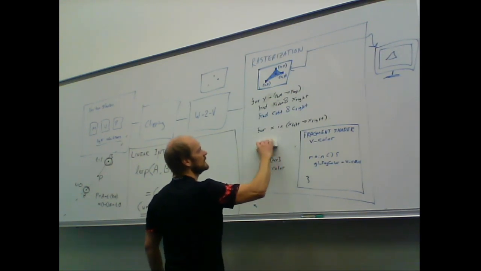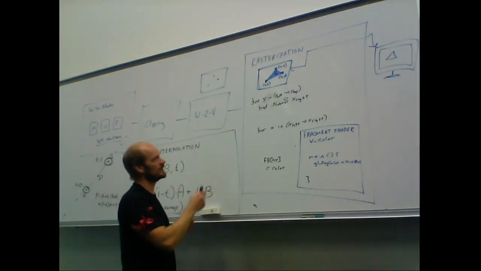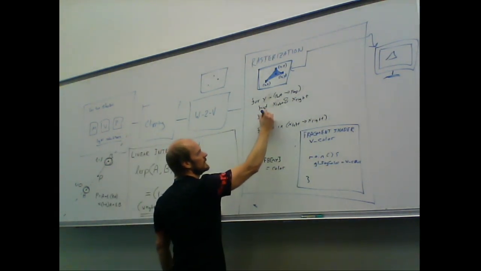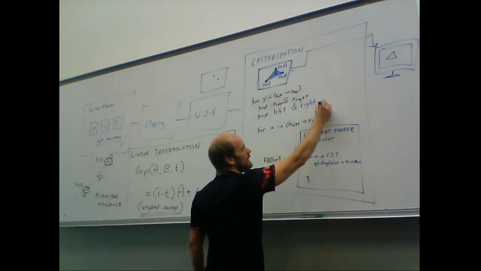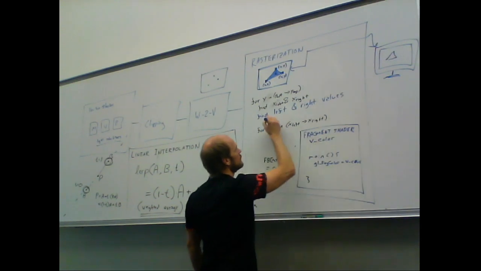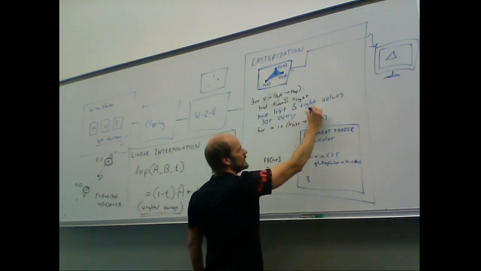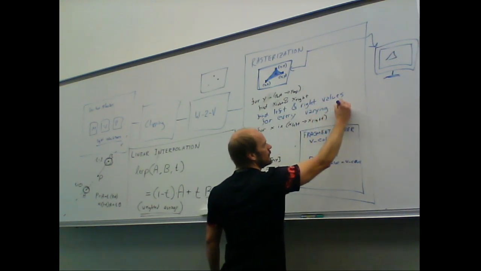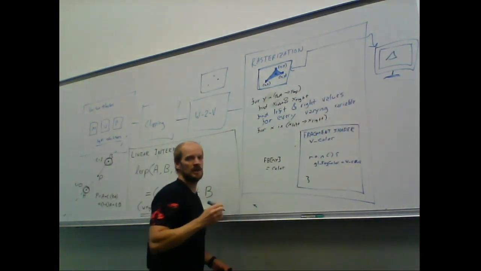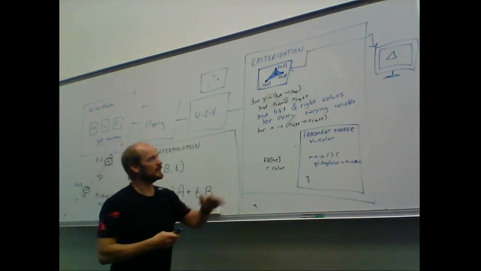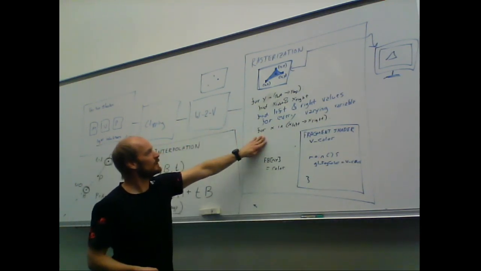In the general case, we're going to find left and right values for every varying variable in our shader program. Can you read this here? Okay, I hope it can be read on the video as well.